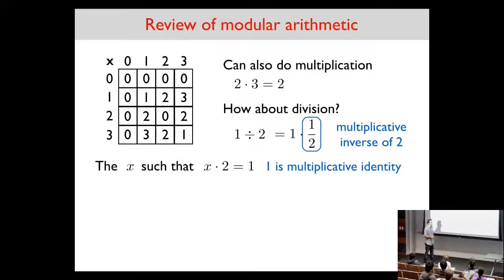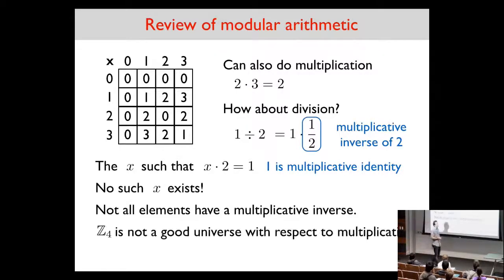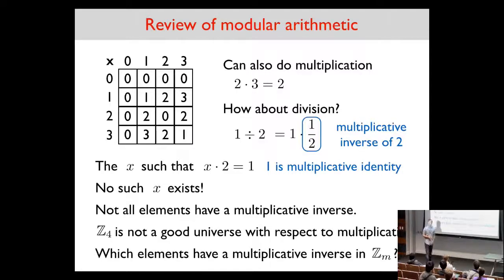So it's the x such that x times 2 equals 1, where 1 is the multiplicative identity. The thing is, there's no such x. So in this particular situation, we see that not all elements have a multiplicative inverse. So we can conclude Z4 is not a good universe with respect to multiplication.